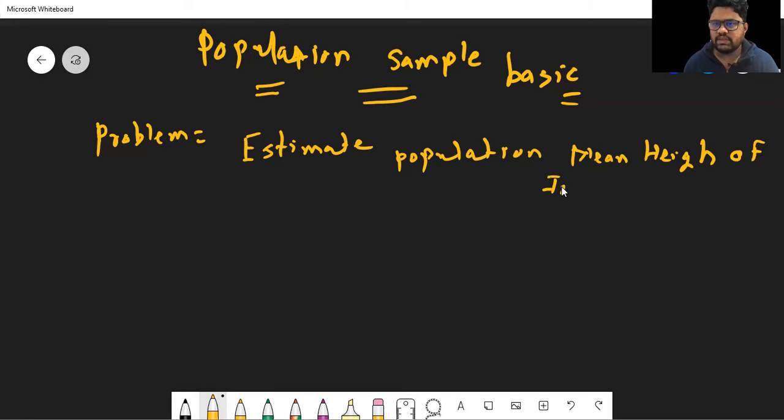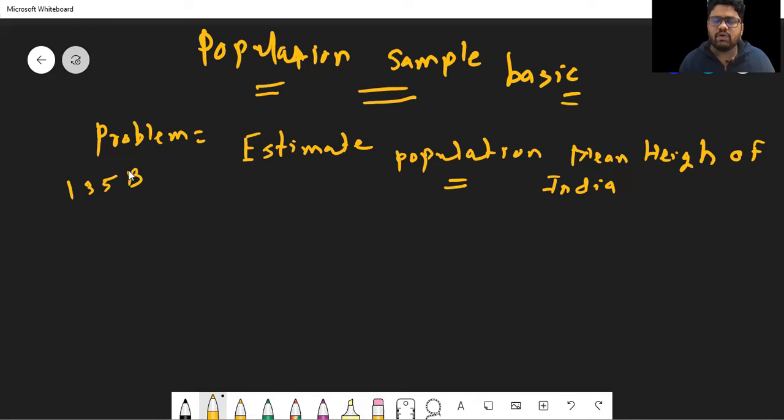The population of India is 135 billion. So how will you solve this? You have to calculate the mean of the height of all the people living in India. That is what you want to estimate, and that is your problem statement.